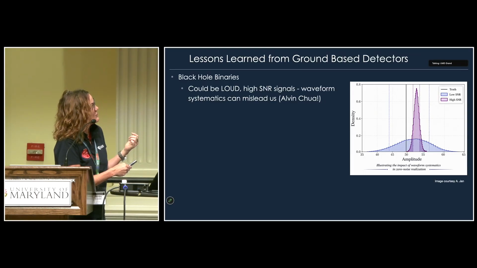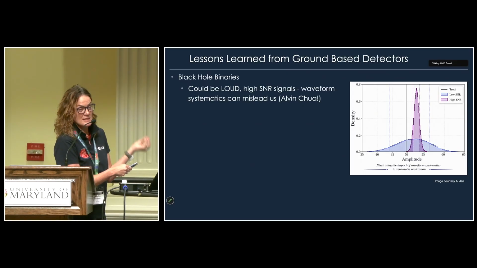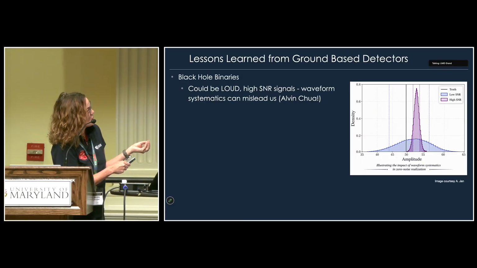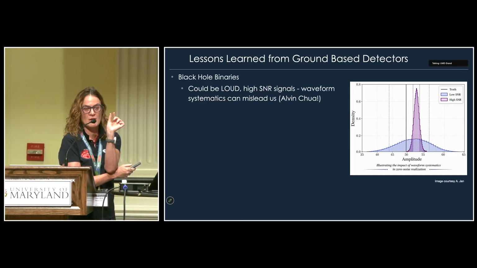So this is looking at fake parameters, doesn't matter what they are, but you can see here was the low SNR attempt to use a waveform to get detection. And here is the truth. So this is the actual value of the parameters. And this is the high SNR. And so you would expect that the more SNR you have, that you would narrow in on the truth. But a waveform bias, a little error in your waveform, could actually move you off the truth as you get higher and higher SNR.